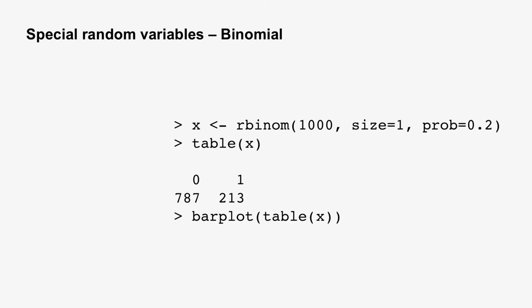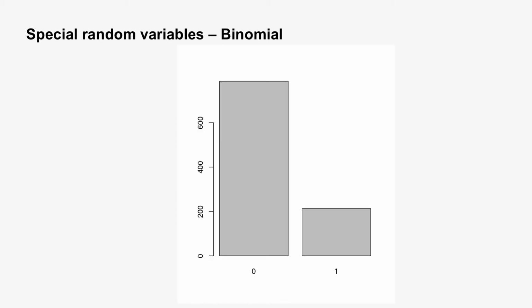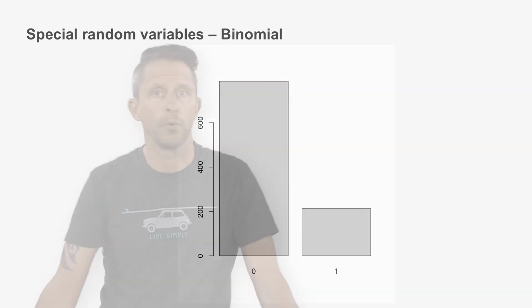Of course, we can plot this easily by using the table function's output as input to a bar plot function. And voila! We have a bar plot of the random variables we generated. And as you can see, approximately 20%, i.e. p equaling 0.2, are ones, or success as we might call it.